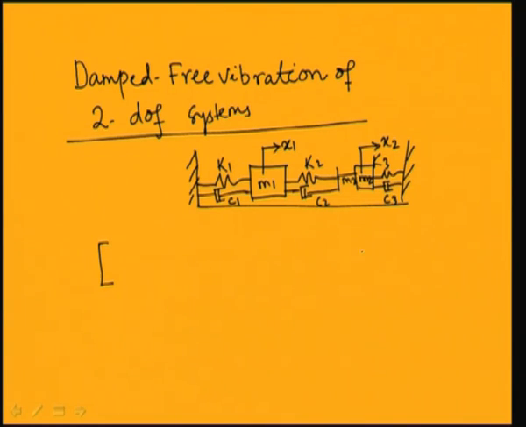You can draw the free body diagram of the system. For mass m1, the free body diagram will have an inertia force m1 x1 double dot, then the spring force k1 x1 and damping force c1 x1 dot, and similarly for the k2 and c2 elements.